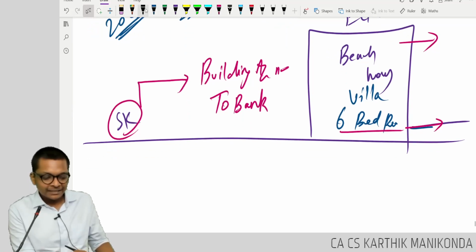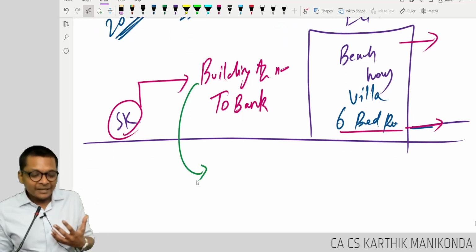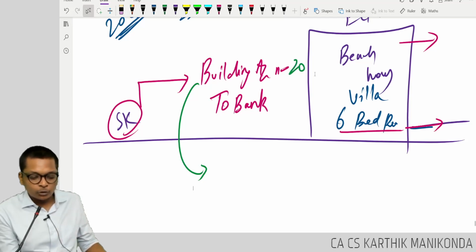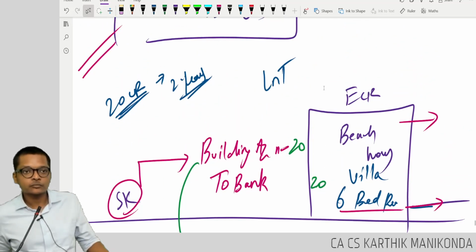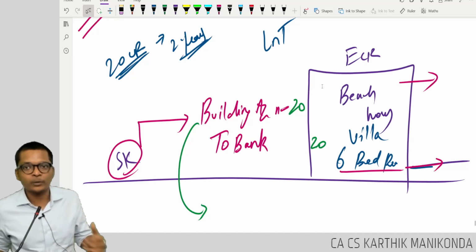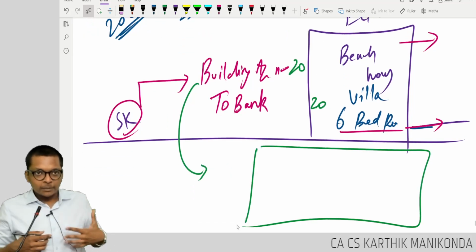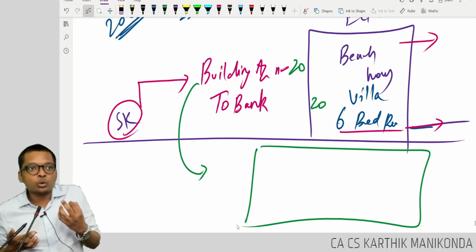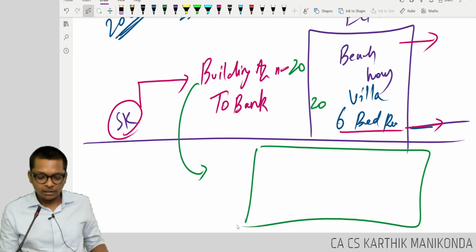Can you tell me, in this building, what are all the components of this 20 crores? He's going to pass for 20 crores, guys. What are all the components? What all is the expenses of 20 crores? So let's try to write down. In the building, for the next 2 years, what are all going to be the expenses for L&T and Selva Kumar together?